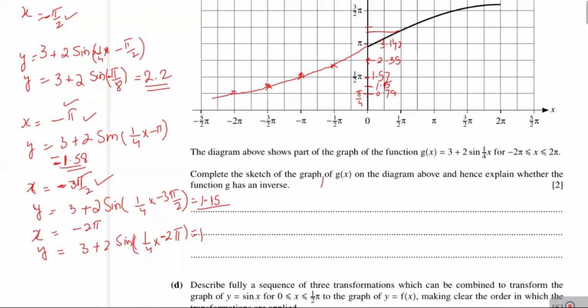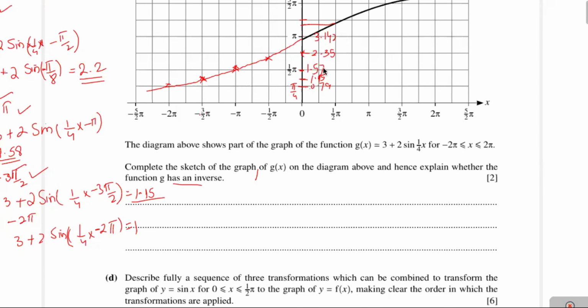Now you see here the function is an increasing function, therefore the inverse function is possible. So we will write it as inverse, because it is a one-to-one function. And we will check the one-to-one function by drawing the horizontal line.